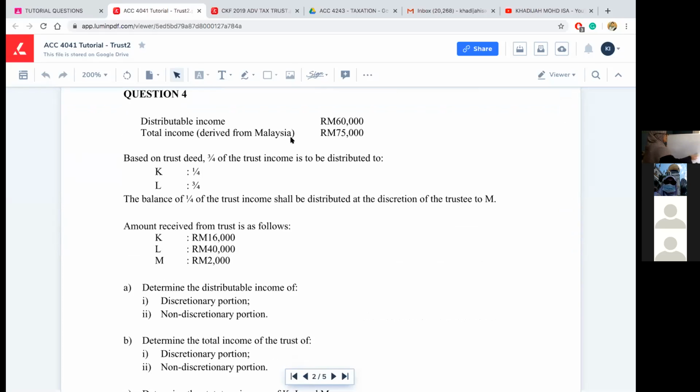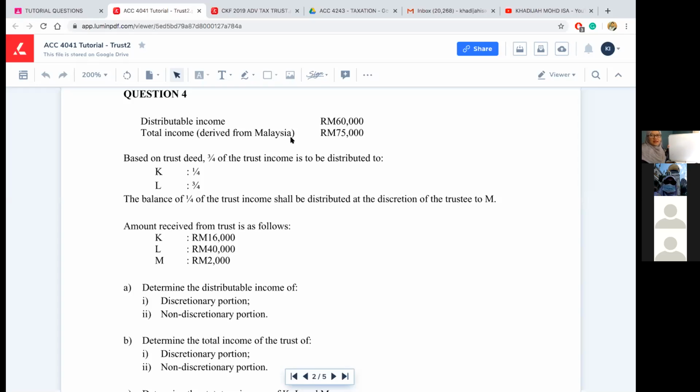Yes, the trust has both. Previously we saw question number 1 was discretionary for both, and question number 3 was non-discretionary. But here in question number 4 you have both discretionary trust and non-discretionary trust, so you must identify which one is which.